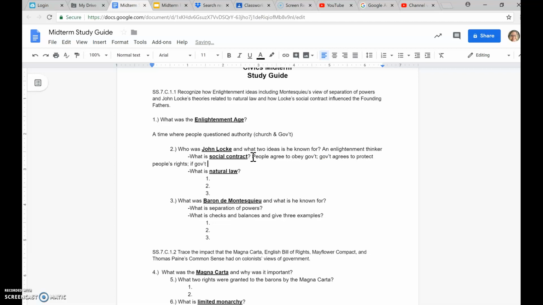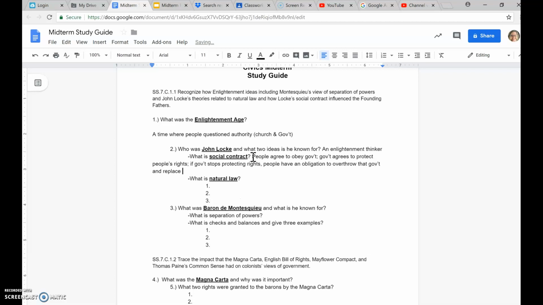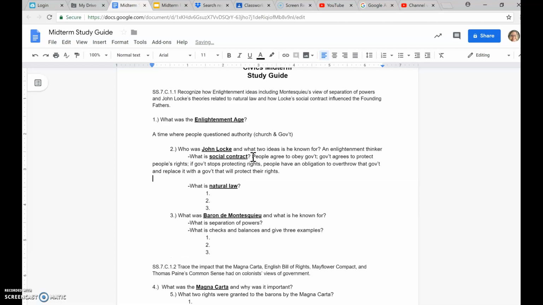If government stops protecting rights, what gets to happen? People have an obligation to overthrow that government and replace it with a government that will protect their rights. There we go. Bam. All right. Good job.